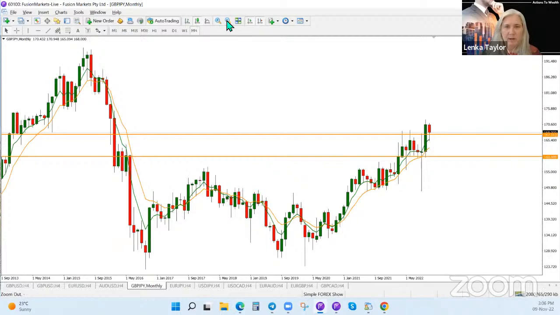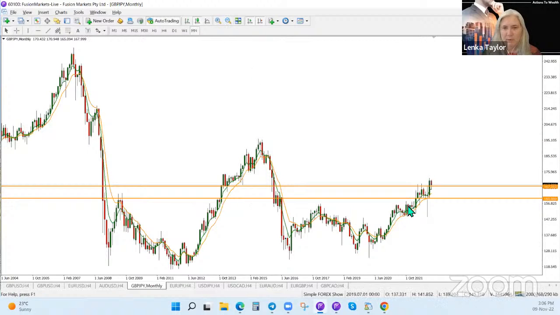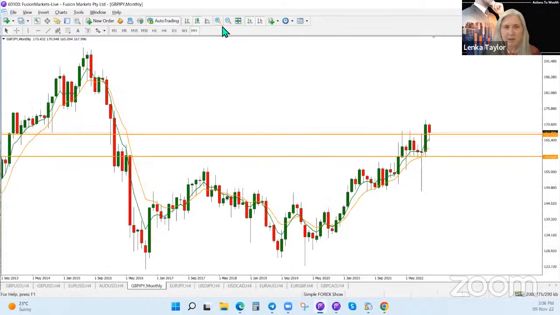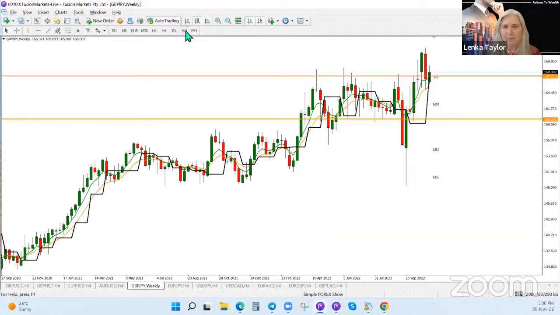In terms of where we are on the monthly, we've only had one close above that previous level, which was a level of support. So that current bar, which is still open, could be the retest on this time frame, and therefore looking for long opportunities there. On the weekly, it actually looks the opposite.